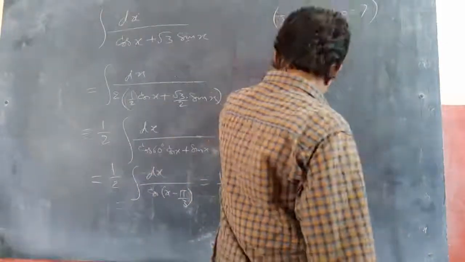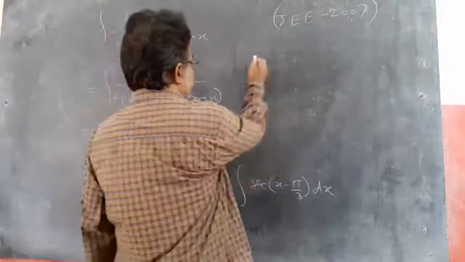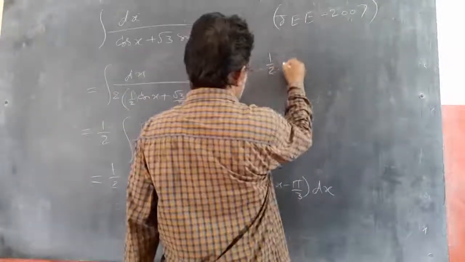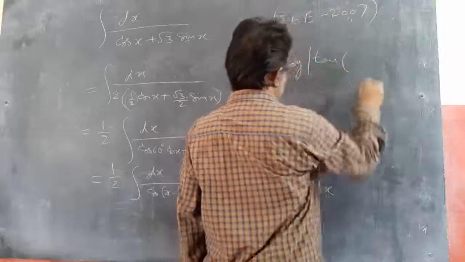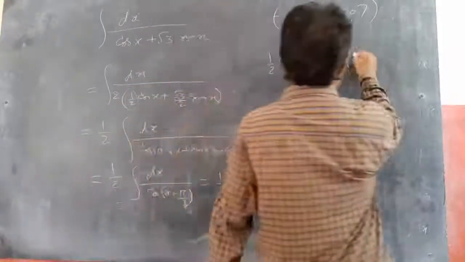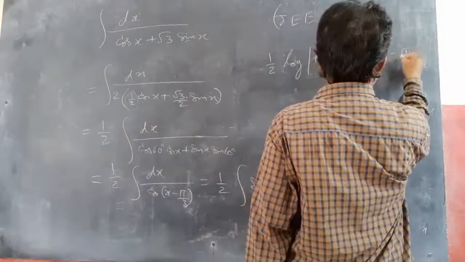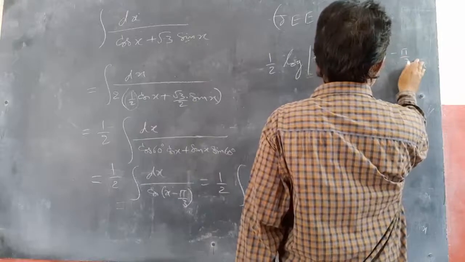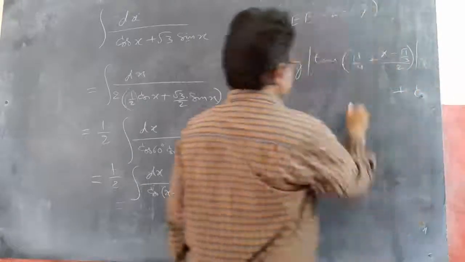So if the option is given in tan of pi by 4, the integral of secant x is log mod tan of pi by 4 plus x by 2. Here x is x minus pi by 3. So pi by 4 plus x minus pi by 3 by 2 means, you can simplify this.